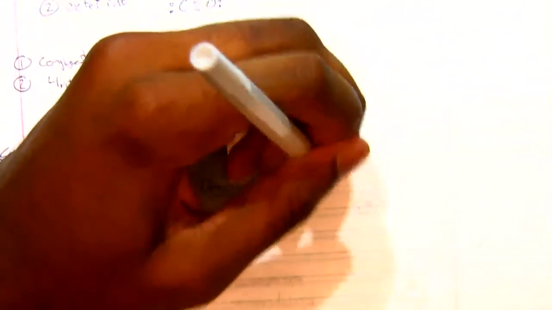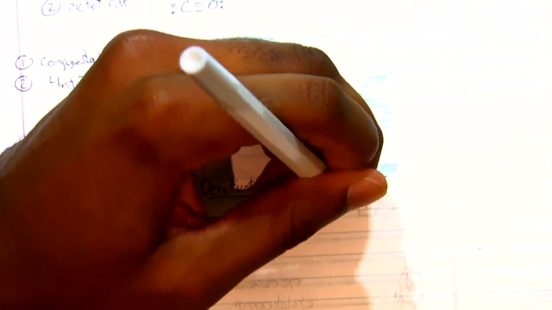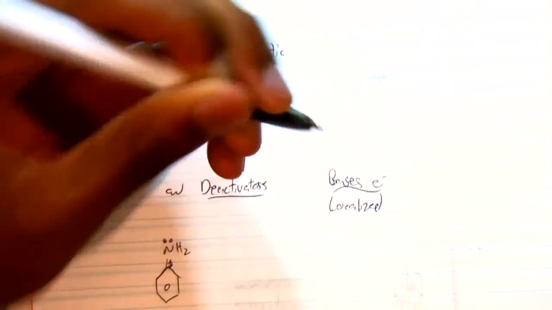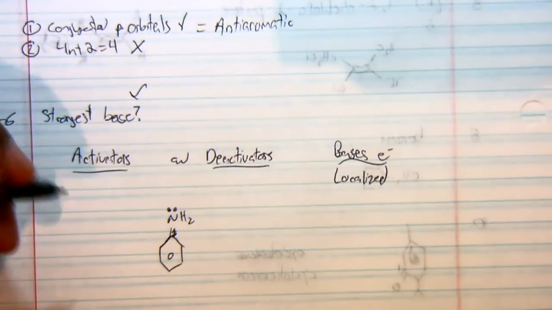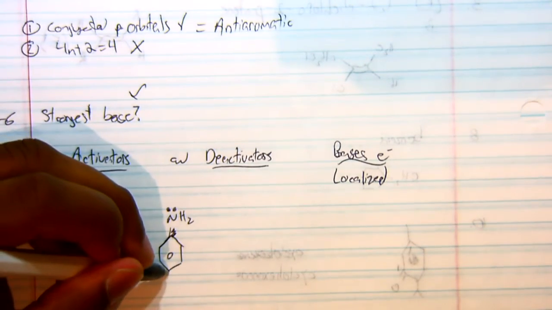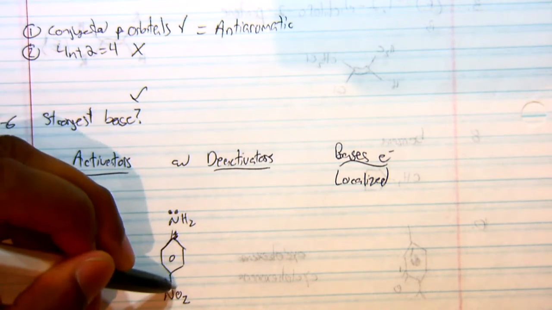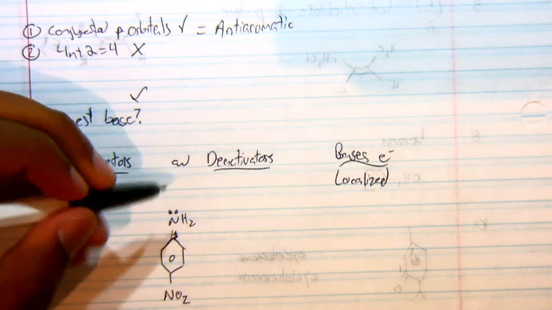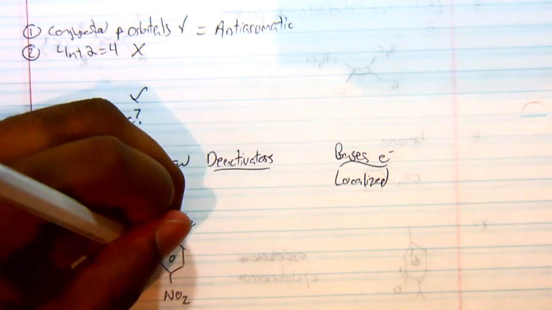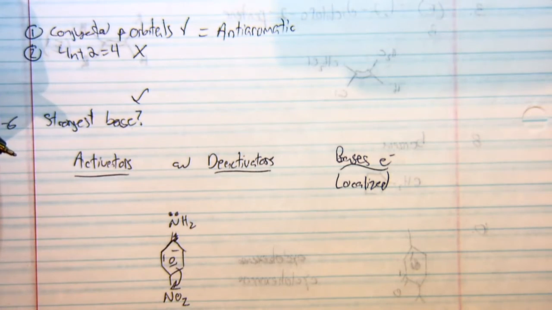So for bases, electrons should be localized. Does that make sense? If I have a deactivating group, is it going to pull my electrons when there's resonance going around? Deactivators take away electron density, so if I had resonance, sometimes my double bond will come out here and the deactivator would take it away.